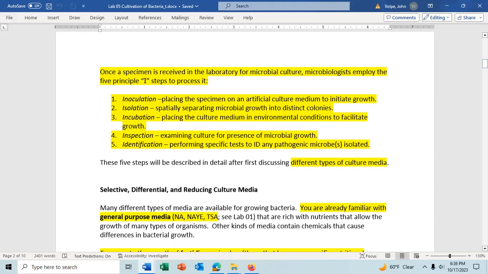I should mention that nowadays, besides running tests to identify the species, you could also sequence the DNA of the microbe to get the species. Any question about any of that? The 5 steps will be described in detail using different types of culture media.